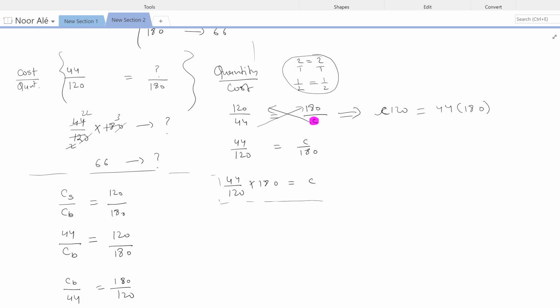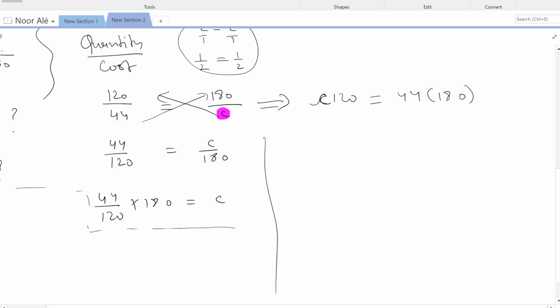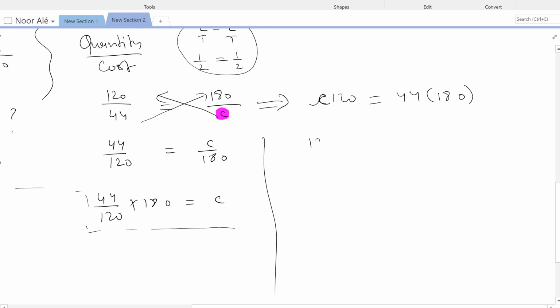So this thing is like, let me show you how you get that. In order to get this, I do these two steps. You had 120 over 44 equals 180 divided by C. Now, in order to get rid of C, you times both sides by C. It cancels. Now, I have 44 at the bottom.